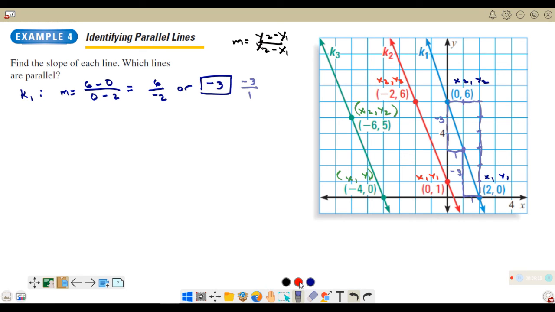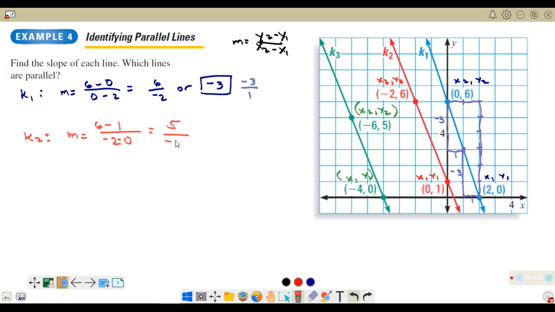Let's go to the second problem. Our second problem is K sub 2. Hanapin natin ang kanyang slope. The slope of K sub 2 is, again, y sub 2 muna tayo, 6 minus y sub 1, 1, over x sub 2, edi negative 2, x sub 1, 0, minus 0. 6 minus 1 is 5.